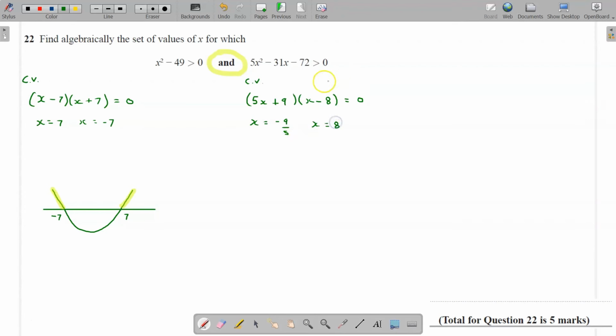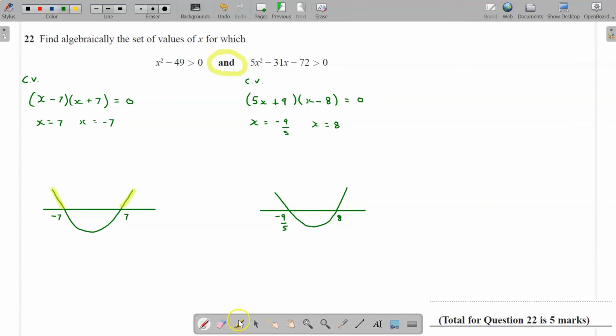Now again, we want it to be greater than 0. So if we do our little sketch, in this case, we have our quadratic curve, and it has two values where it crosses the axis, the critical values, and this time we have them at negative 1.8 or negative 9/5, and the other one is at 8.